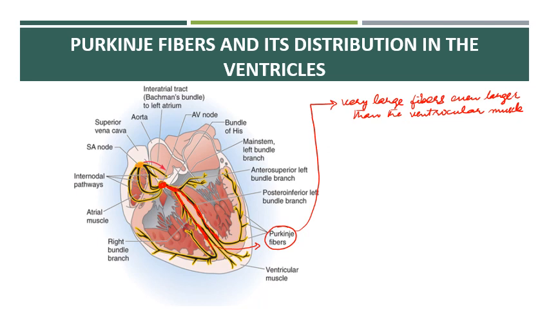The Purkinje fibers transmit impulses or action potentials at a velocity of 1.5 to 4 meters per second, a velocity about 6 times that in the usual ventricular muscle and 150 times that in some of the AV nodal fibers.